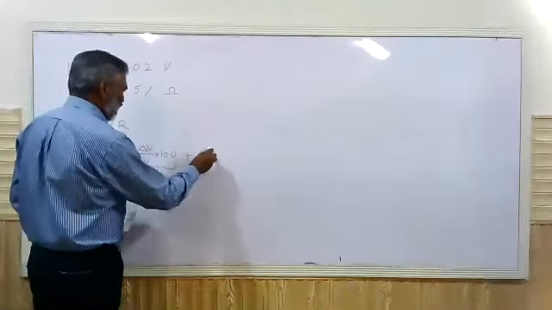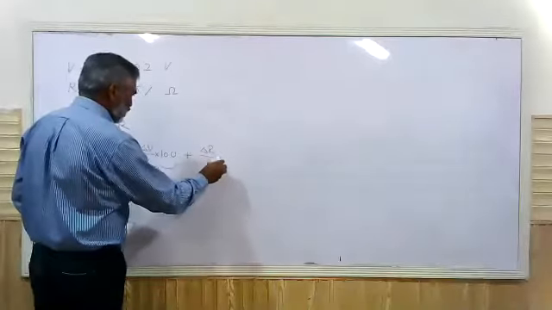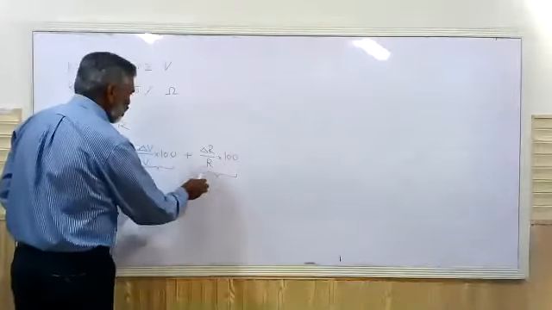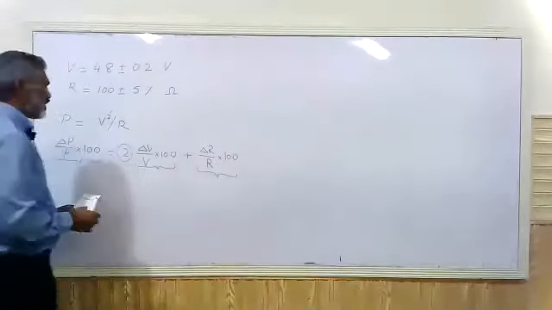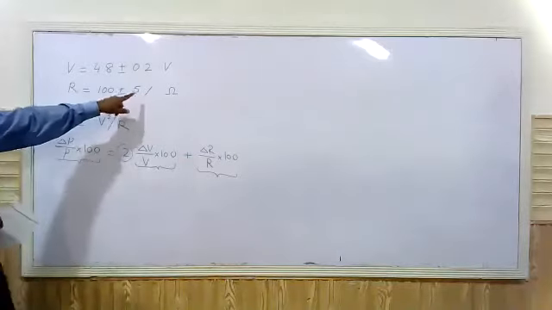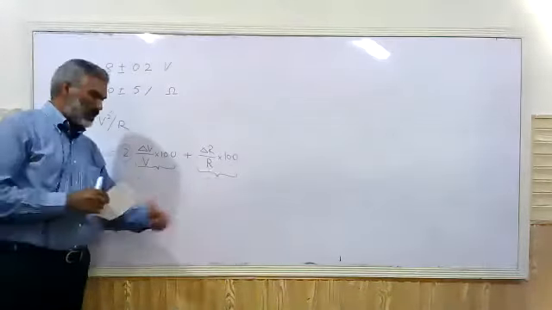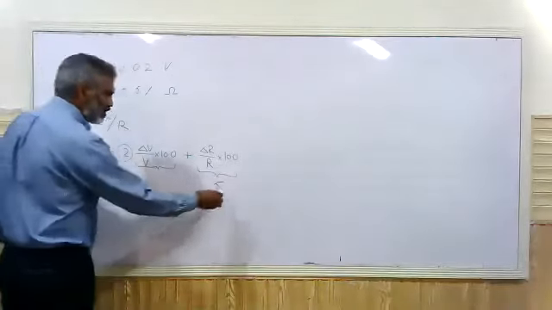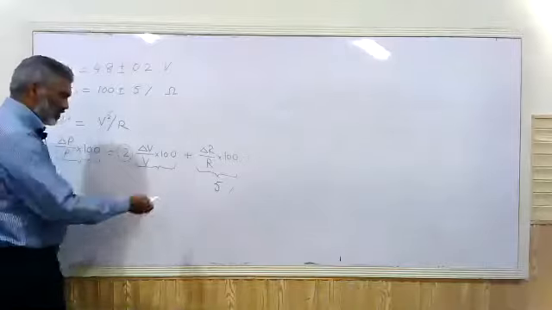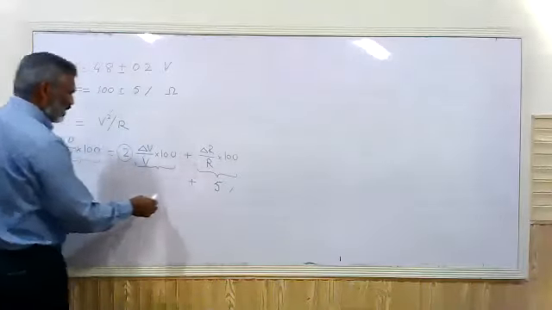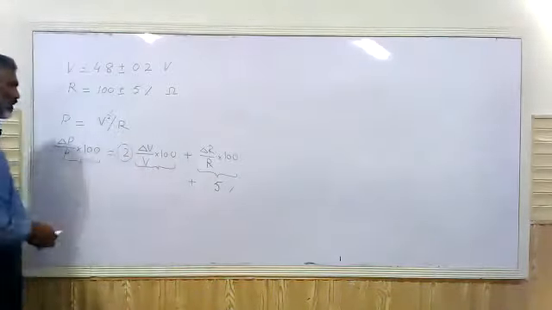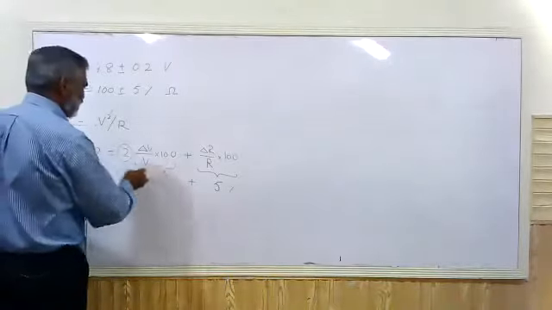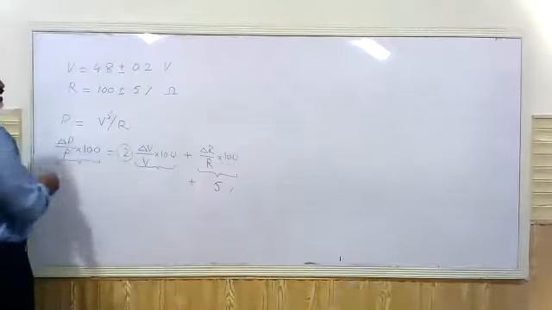So delta R over R into 100. This is something we already know, and this is the quantity which is given at the start of the question. So 5% means all this. So this number is 5. I can write 5%, but 5 is basically the number that we can add to whatever we are going to have here. So let's see what is the percentage uncertainty in this quantity.